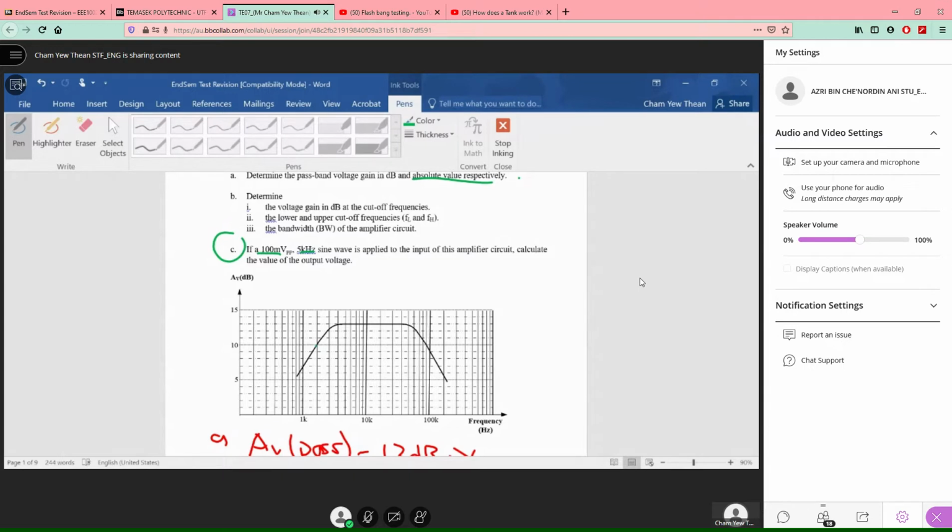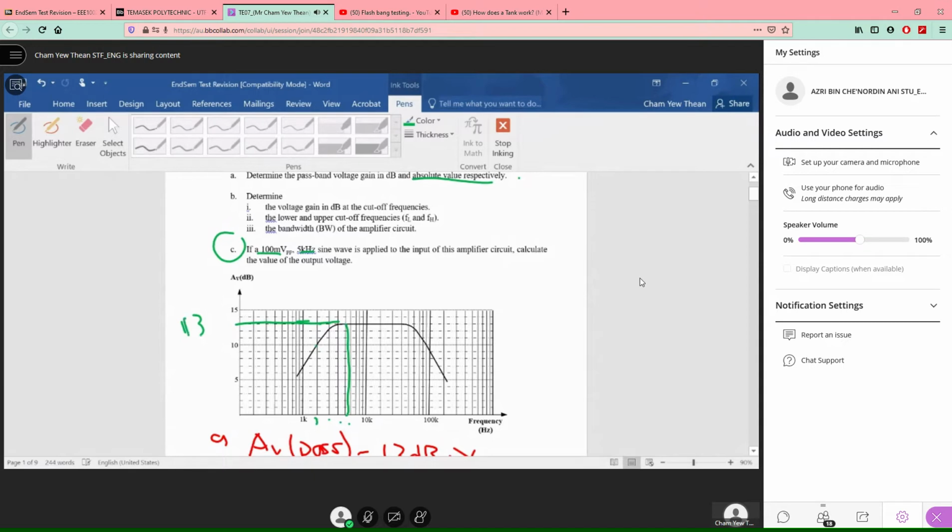First you must determine, at 5 kilohertz, what is the voltage gain? Where is your 5 kilohertz? 1, 2, 3, 4, 5. So 5 kilohertz is 13 dB, right?